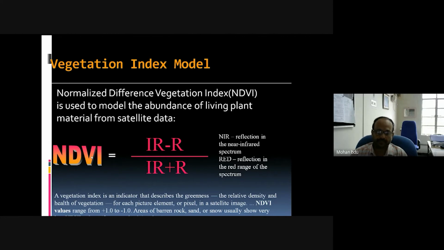The vegetation index is an indicator that describes the greenness, the relative density and the health of the vegetation. For each picture element, or pixel, in a satellite image, the vegetation reflects the visible and infrared radiation. And based on these reflections, we can have values ranging from +1 to -1.